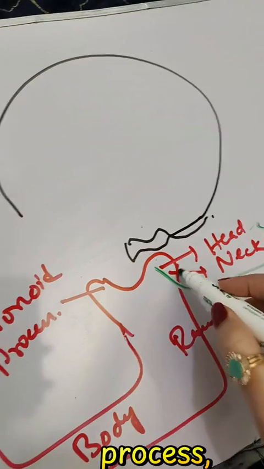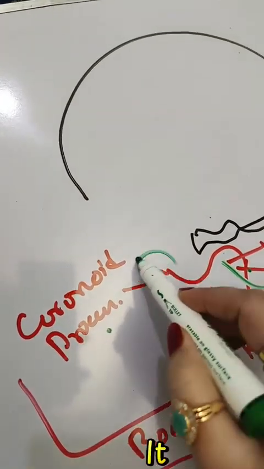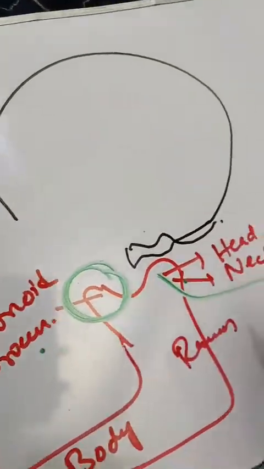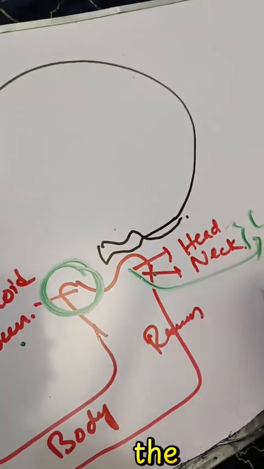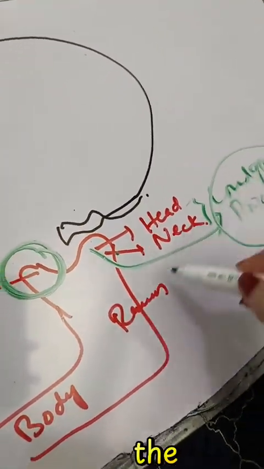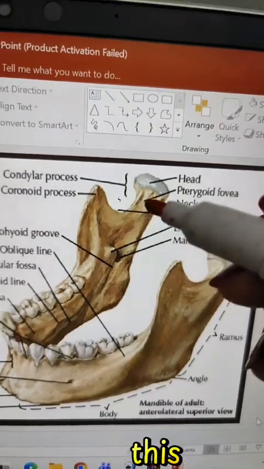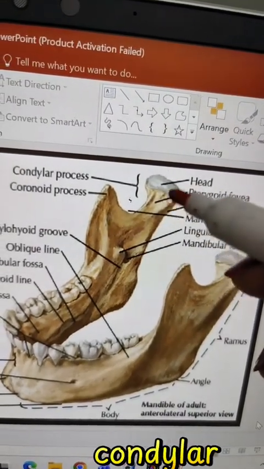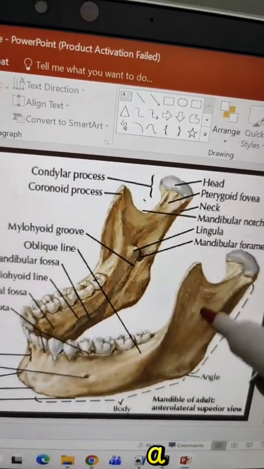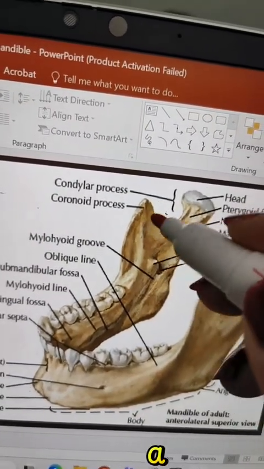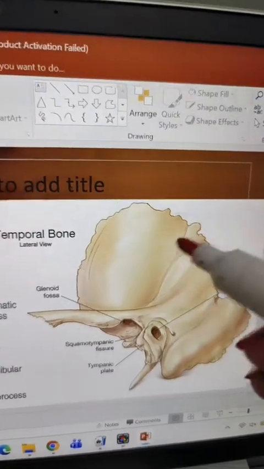The condylar process, the coronoid process, it is free. The joint is made by the condylar process of the mandible. Okay, this is the head of the mandible, condylar process, neck of the mandible, this is the body, and it's the ramus. This is a coronoid process which is free.